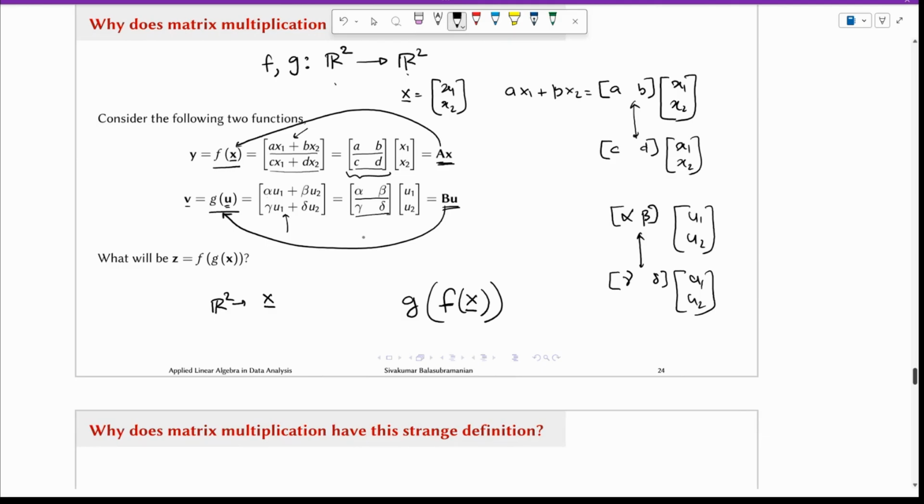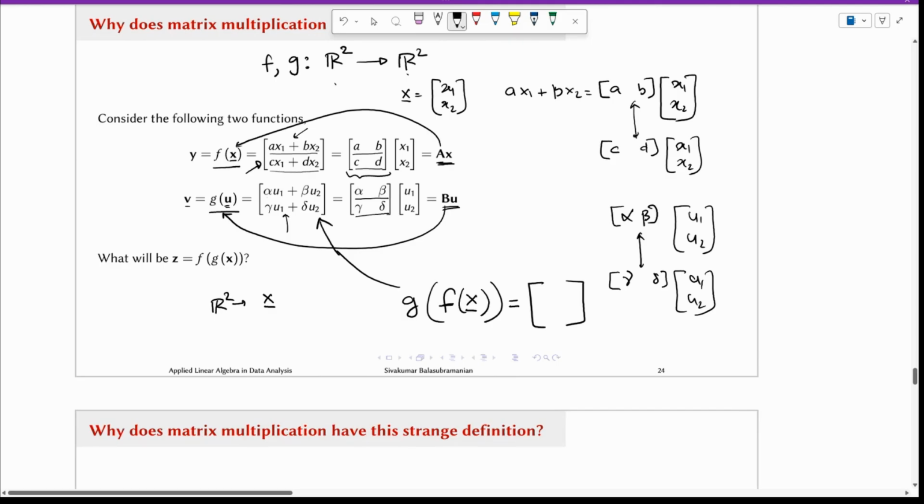Now, given the original definition of F and G, I can ask you what will be the resulting vector. You can simply compute it from here. So if I take X, what I will get is AX1 plus BX2, and the next element will be CX1 plus DX2.